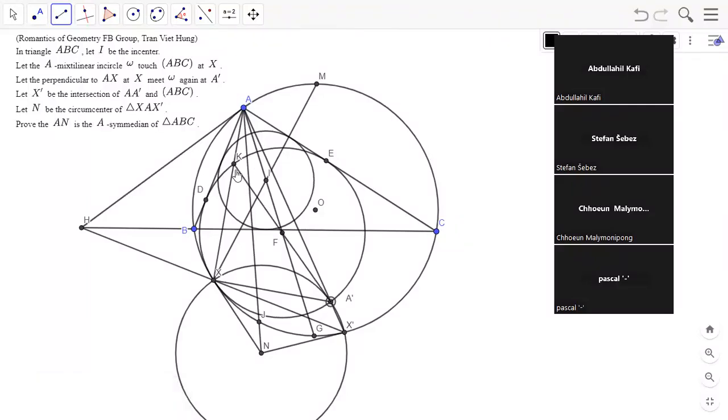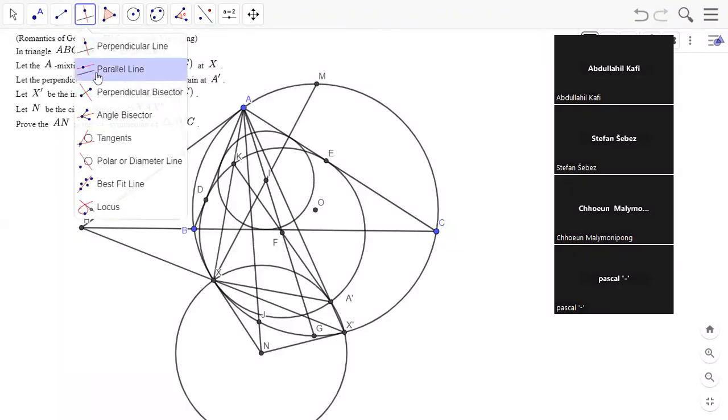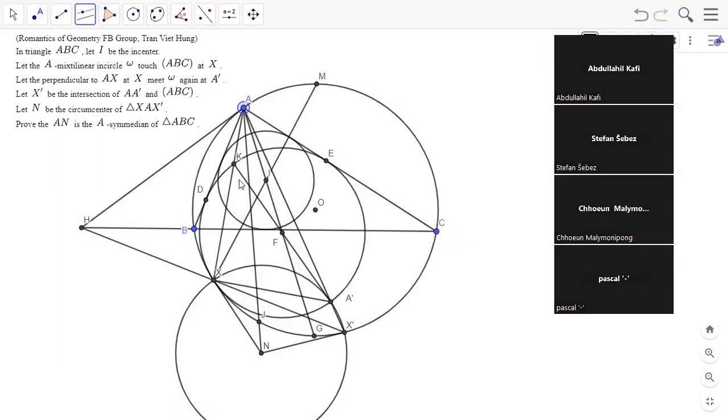And also F is the midpoint of A prime K. So if we project through A onto ABC, then K goes to X, F goes to G, and A prime goes to X prime. And we also need the parallel through A to KF.